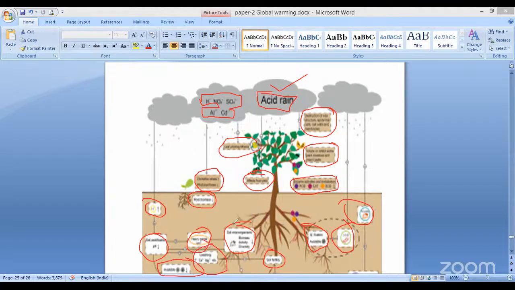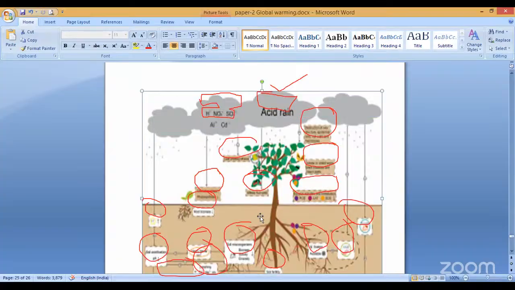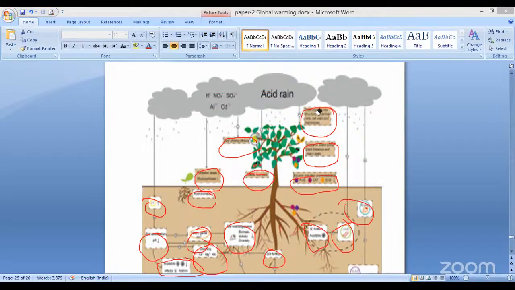It may affect those particular things, right? Shall I erase it? Actually, this picture is not clear.